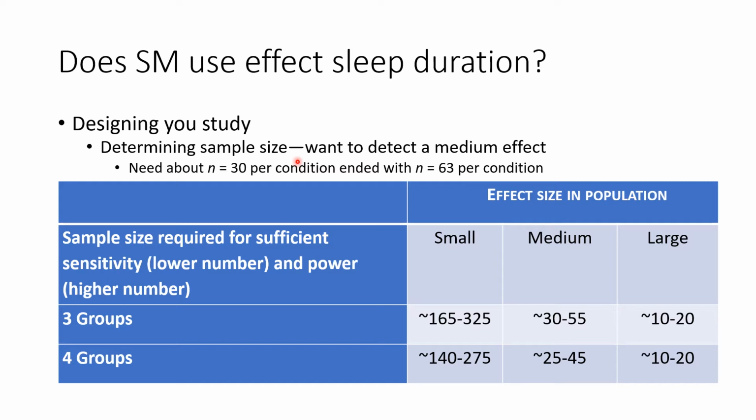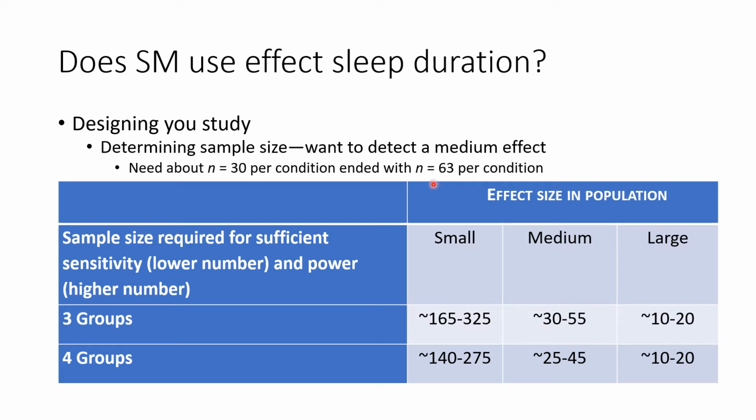And based on the chart here, we have 3 groups, a medium effect, and the smaller number is sensitivity. So we could get by with approximately 30 people per group. Since we have 3 groups, that would be a total of 90 participants. But of course, if you could get more than that, that's fine. I mean, that's great. Generally speaking, as long as you can afford it, the larger your sample size, the better.